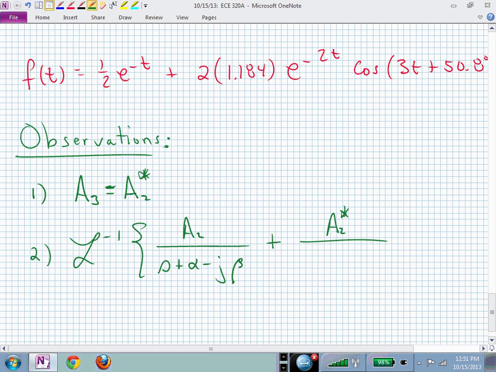Then that pole is going to be in the second quadrant. This one will then be below it in the third quadrant. And that's A3, which is A2 star.